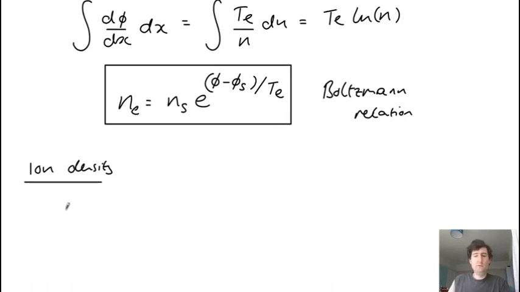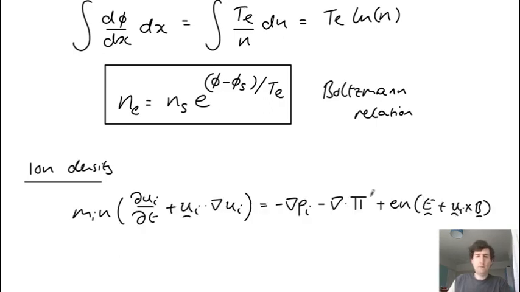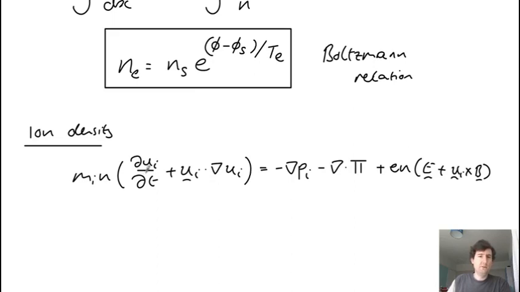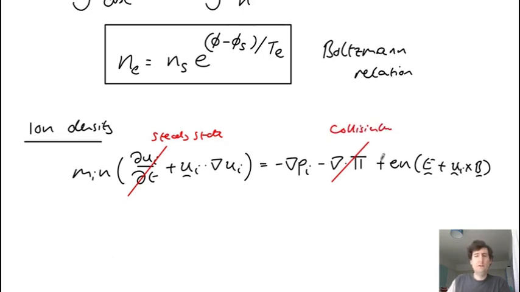So here we start with the momentum equation. So we have this here. As with the electrons, we can now cancel out some terms here. So it's steady state, so that can go. We're also assuming this is collisionless, so we can get rid of this term here.